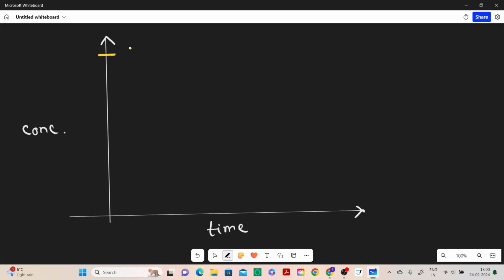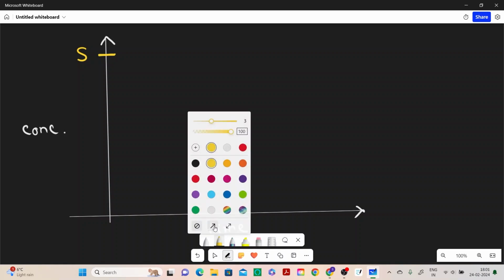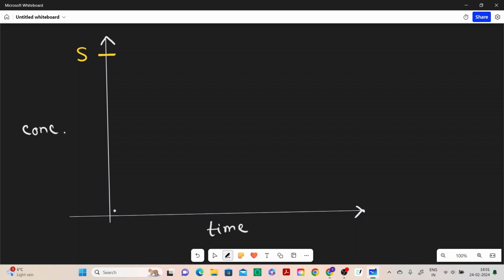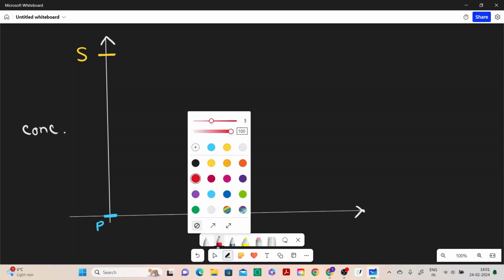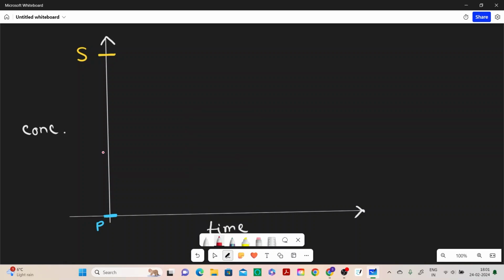Suppose the concentration of substrate was somewhere here at the beginning of the reaction, and common sense says that the amount of product should be 0 because the enzymatic reaction hasn't started yet, and the total enzyme at the beginning of the reaction was this, and I will just extrapolate this point throughout all time.